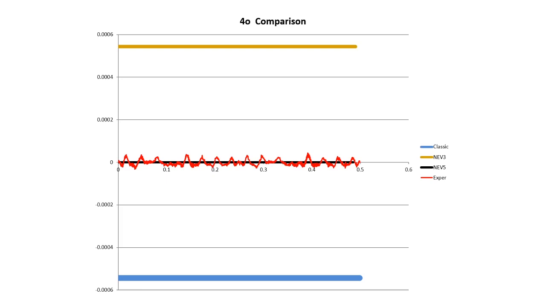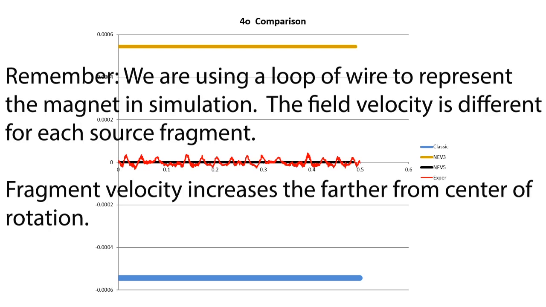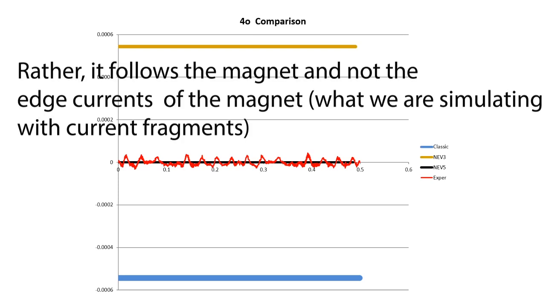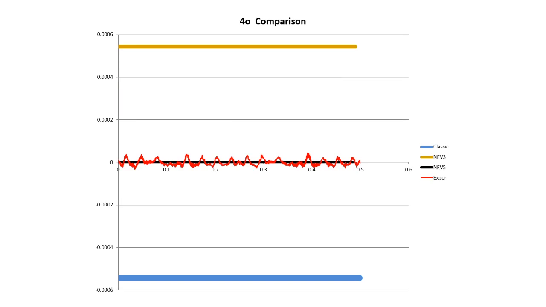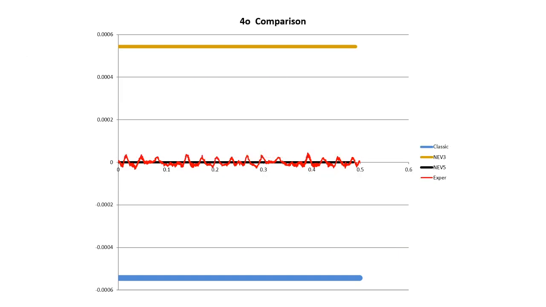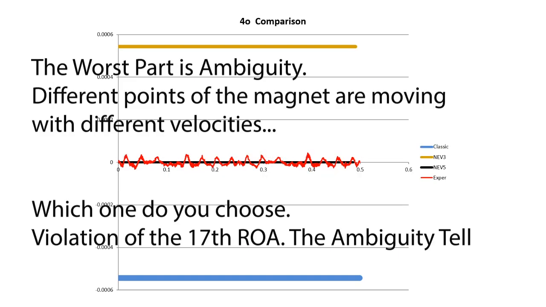Okay, because instead of doing what I did, which is make the flux emanated by a fragment follow the fragment of wire, because then your fragments are all moving at different velocities, and then you should be coupling to the loop if that were true. But if you now said that, well, the magnetic field follows the magnet like Einstein, not just follows the wire, but follows the magnet, then you have to pick a point on the magnet, like the center of the magnet, from which all flux lines must emanate and be correlated to. Okay, that will give you a zero answer with classical theory here.